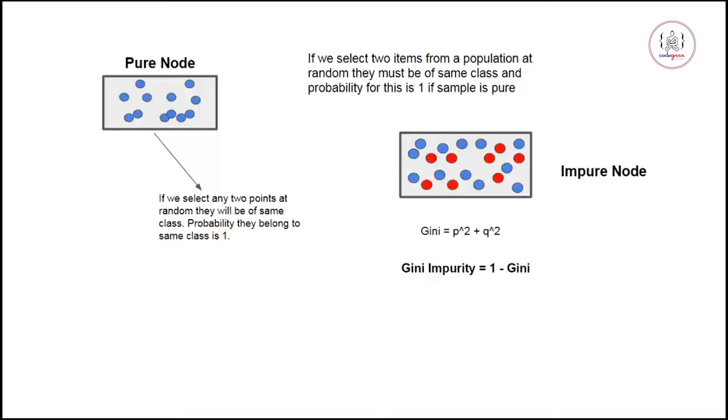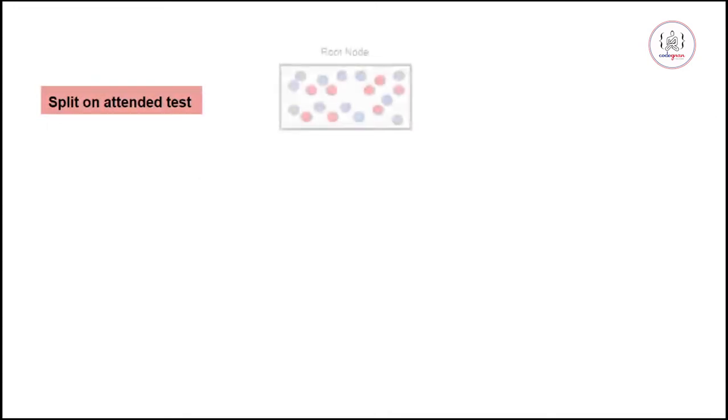Now that we know what Gini is and how we calculate Gini impurity, let's consider an example and work with it. First of all, let's split this data on attended test. Here we have the root node where we have all the data points.